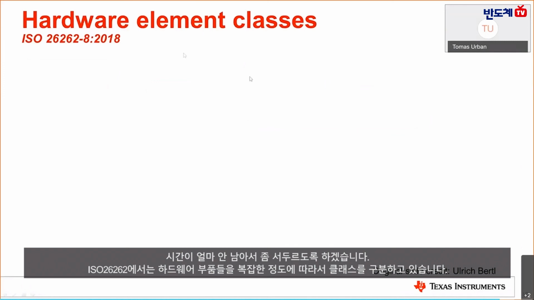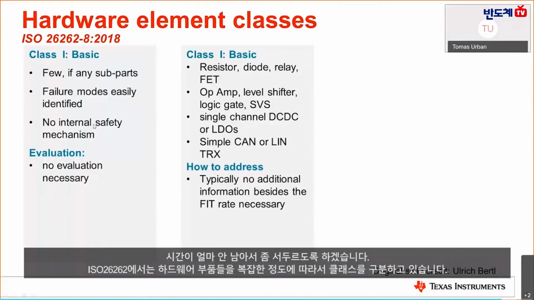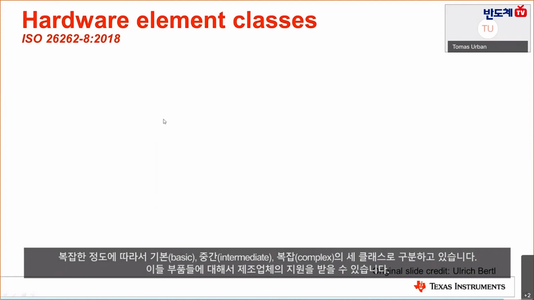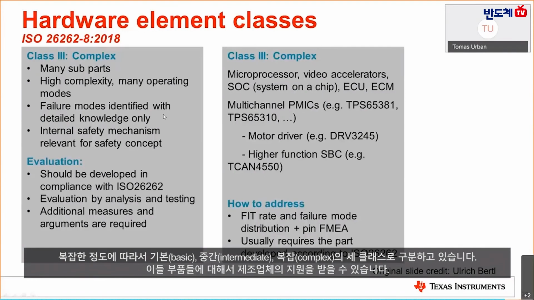We have different hardware element classes defined by ISO 26262, and these basically depend on their complexity. These classes are divided into three: basic, intermediate, and complex. This is followed by the support that you get from the component or semiconductor manufacturer.